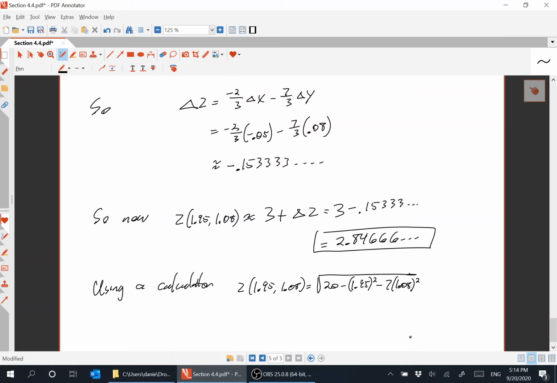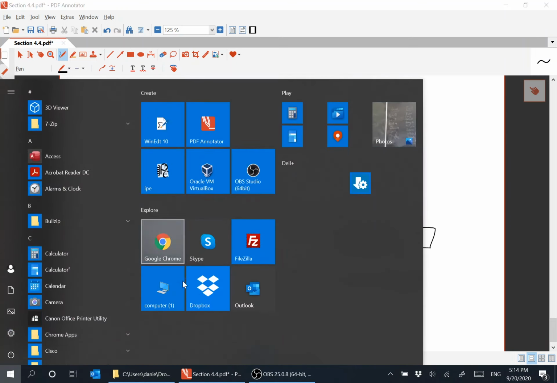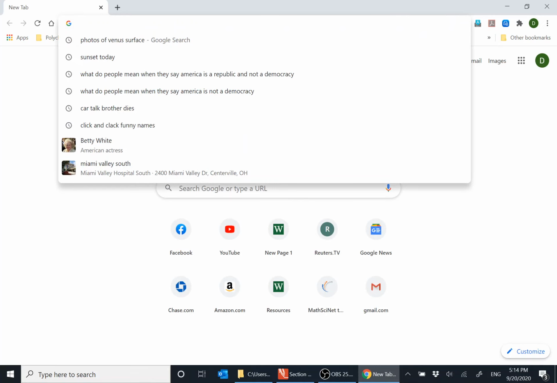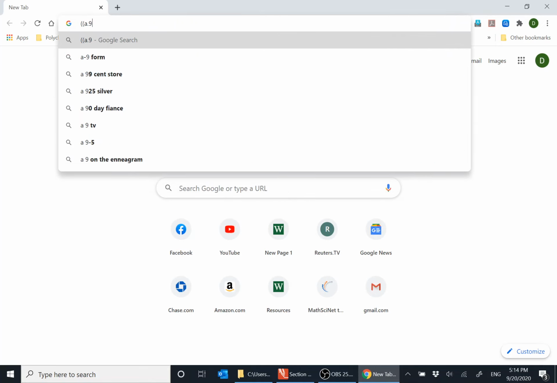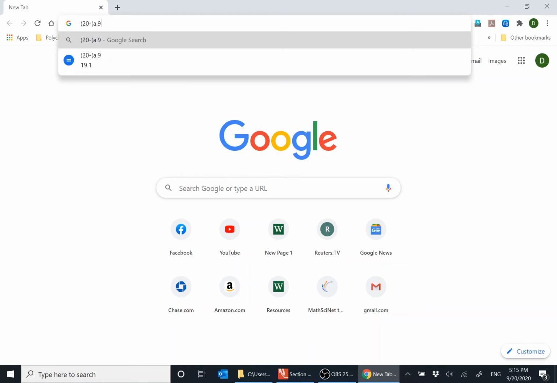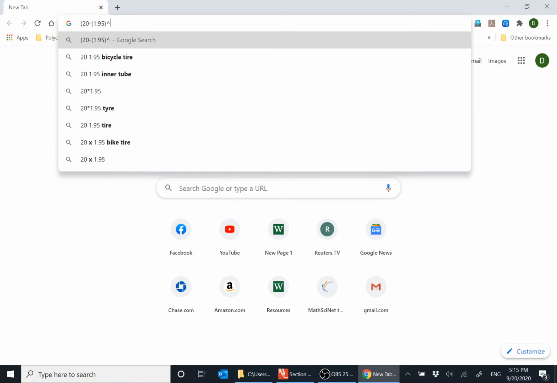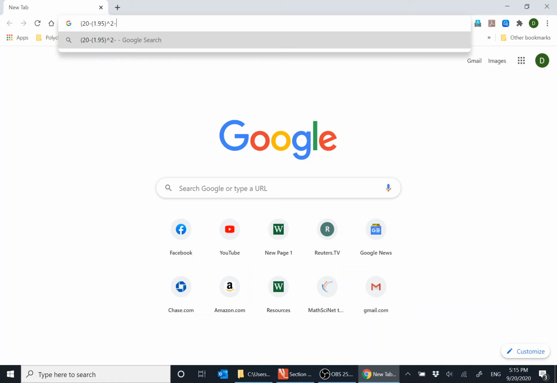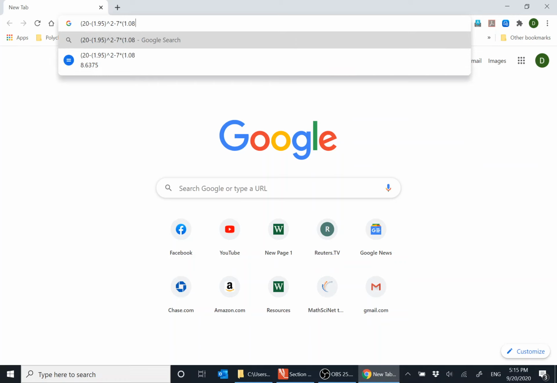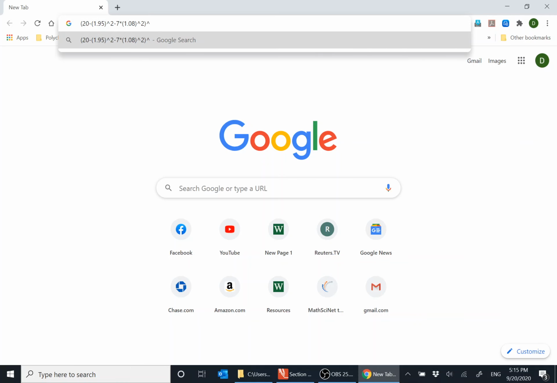We can go to Wolfram Alpha, or do it right here: 20 minus 1.95 squared minus 7 times 1.08 squared, that whole thing to the 0.5.